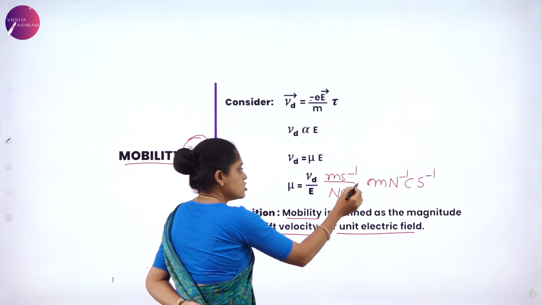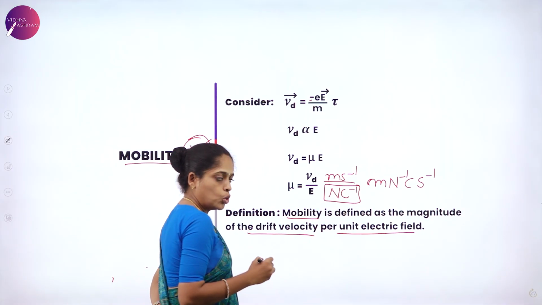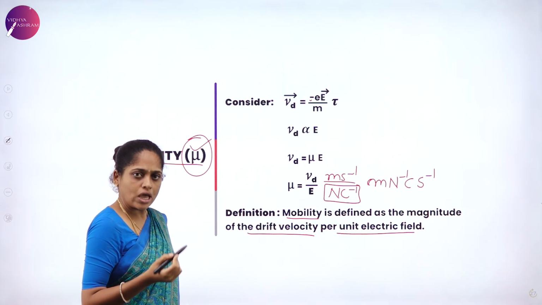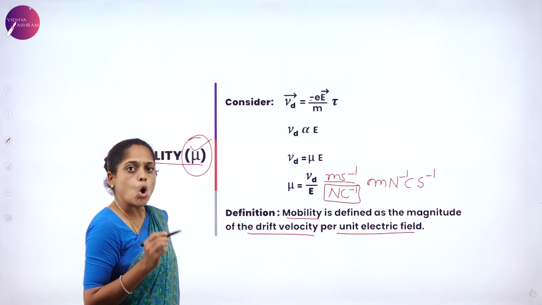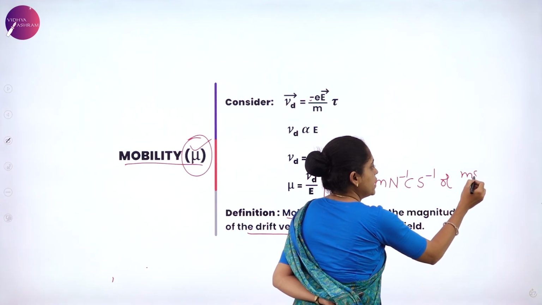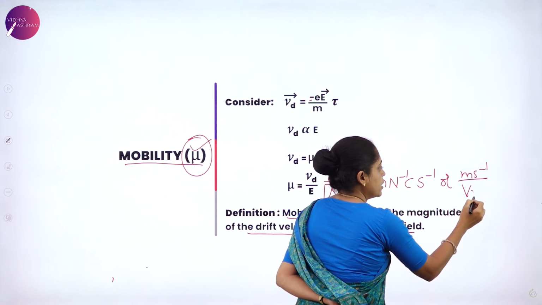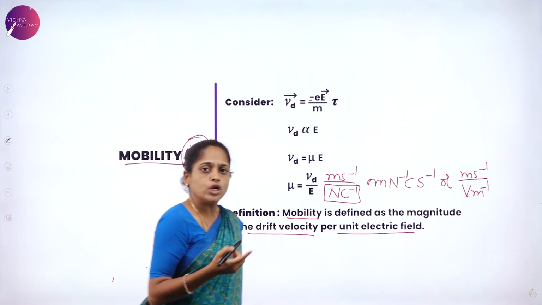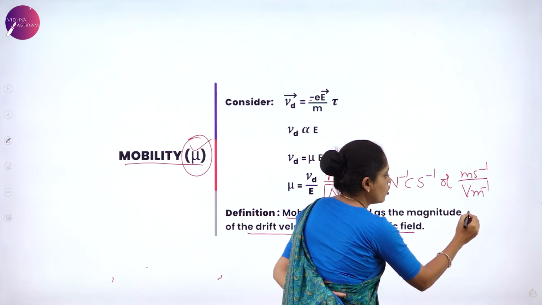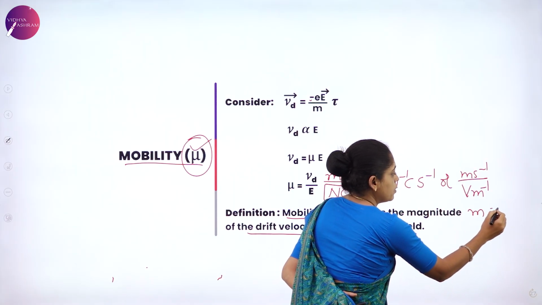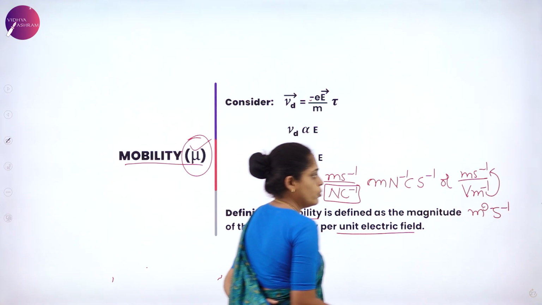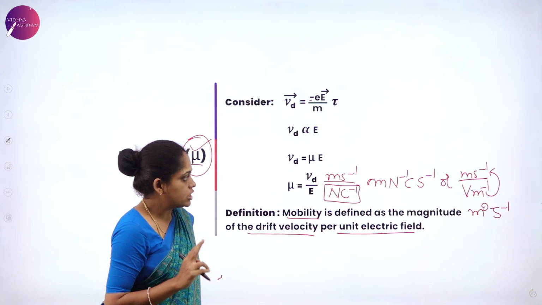Instead of Newton per coulomb, you can also consider the other unit of electric field, that is volt per meter. So meter per second divided by volt per meter. When I take this to the numerator it becomes the positive power.